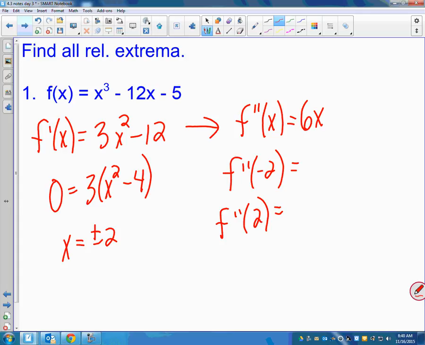If I plug -2 in there, I would get negative 12, which means that graph is concave down, which means I know that is a relative max. The tricky part is negative means max because it's concave down, so that's why I always draw a picture.